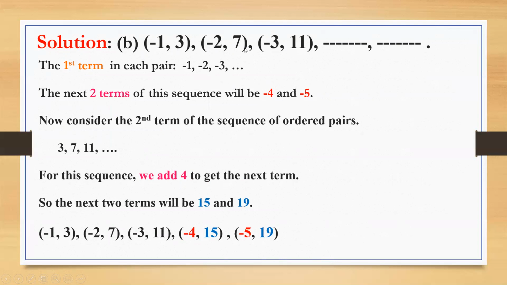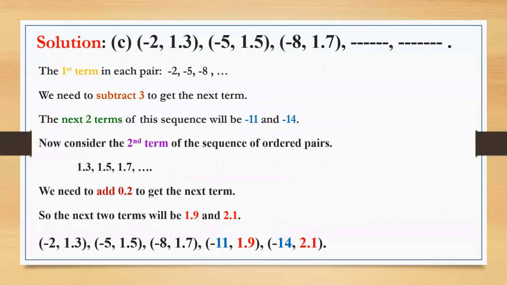If we consider the second terms, we will have 3, 7, 11, and you can see that we are adding 4 to get the next term. So we will have the next two terms as 15 and 19. 11 plus 4 is 15, and 15 plus 4 is 19. So these will be the next two terms.